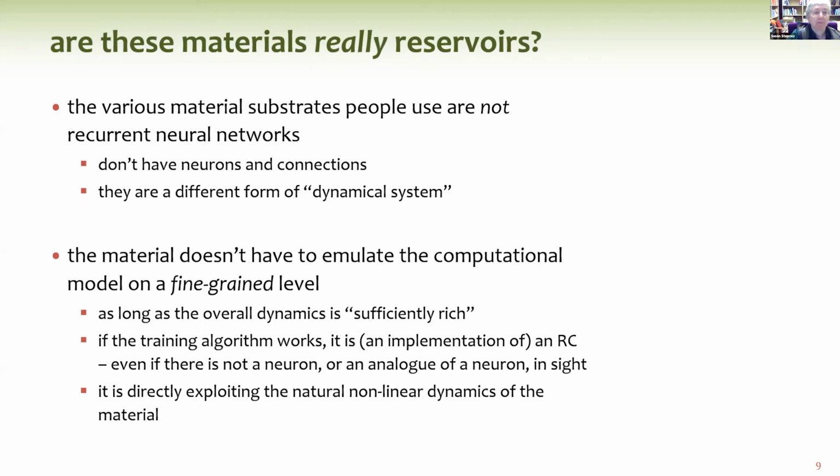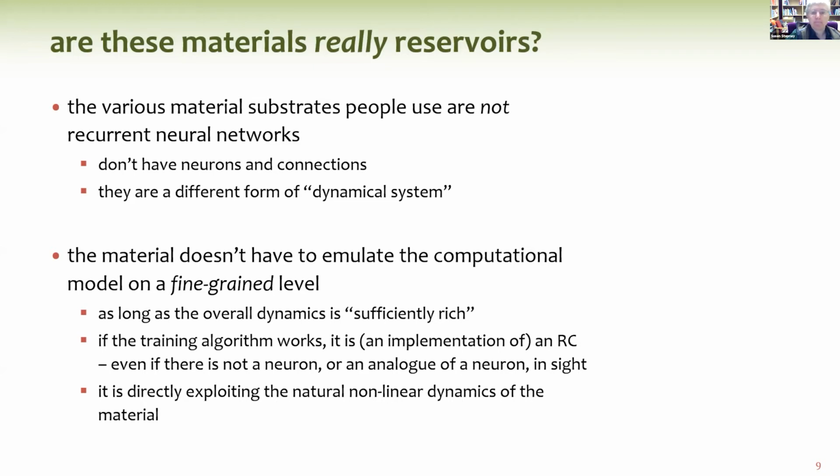After all, we don't say that simulations of artificial neural networks inside ordinary PCs clearly aren't neural networks because they don't have neurons. In the same way, these materials don't have neurons, but they can be reservoir computers. But what is happening is that we're directly exploiting the natural nonlinear dynamics of the material itself.